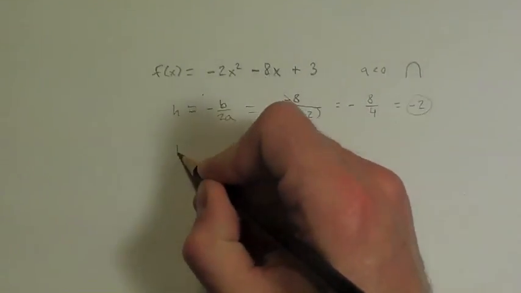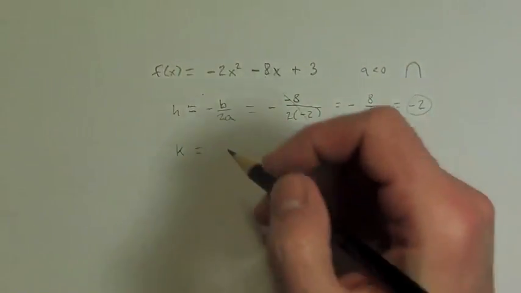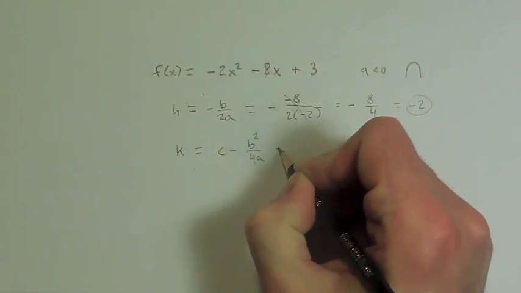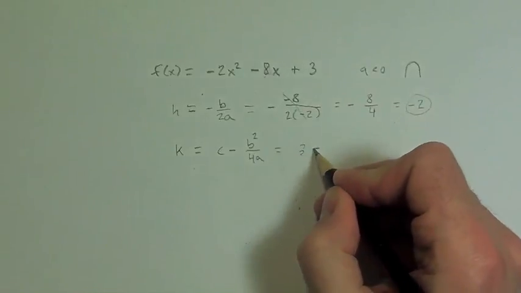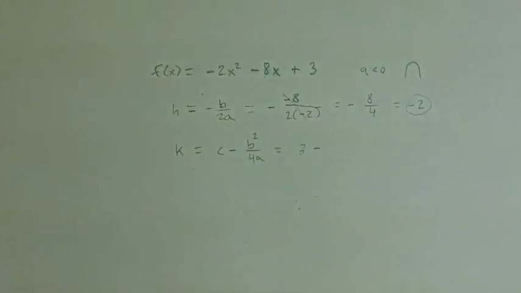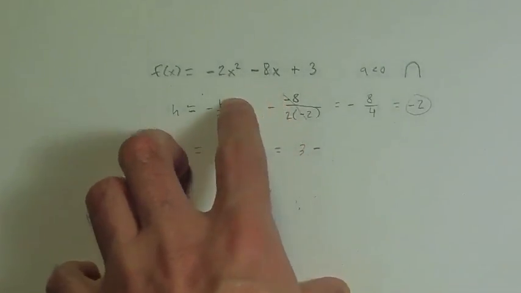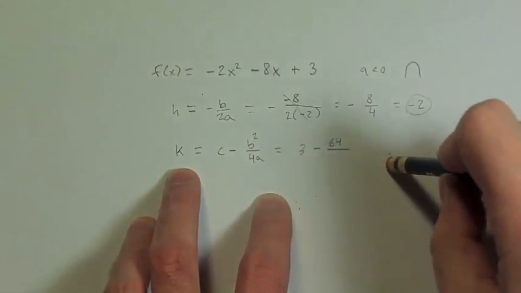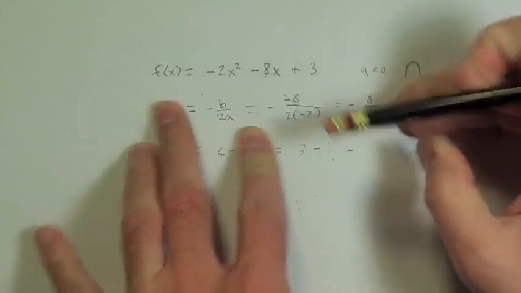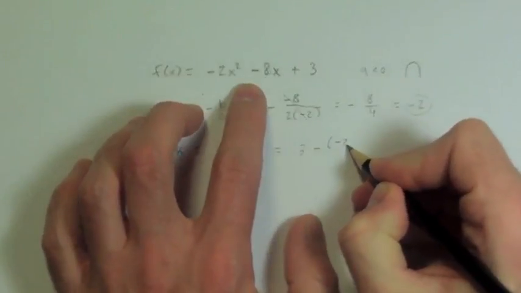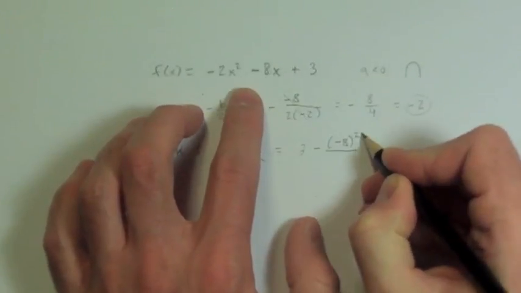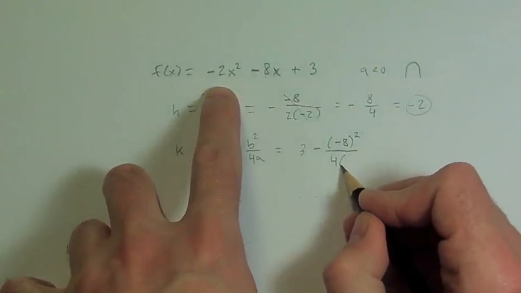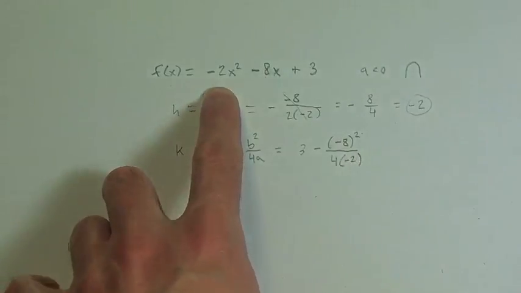And then our k is c minus b squared over 4a. So our c is 3. b squared, that's going to be -8 squared, so that's going to be 64. And maybe I should write that out a little more carefully so that you see I am putting the negative in, but since I'm squaring it, it goes away. Okay, and then this will be over 4 times a, which is a -2.